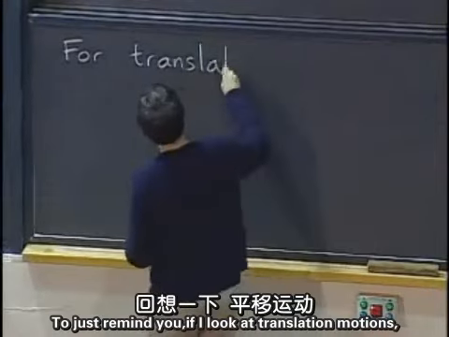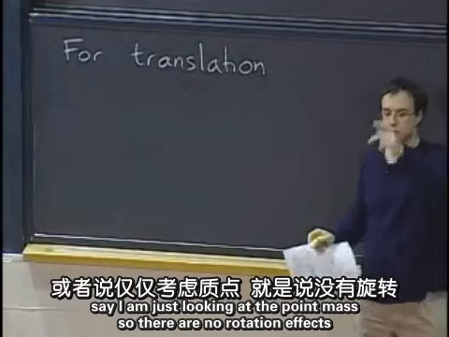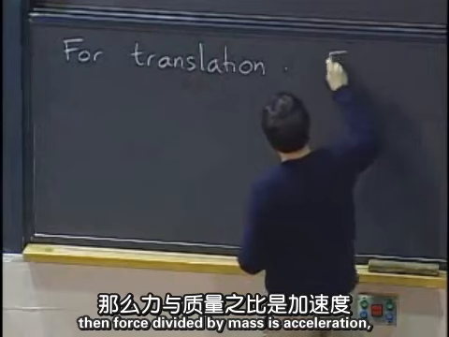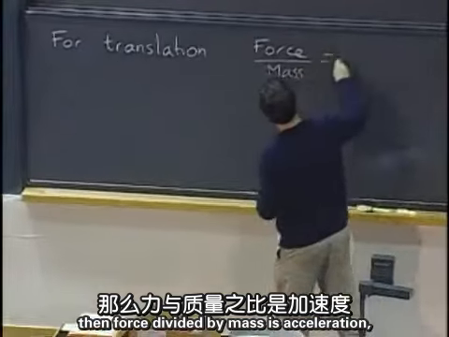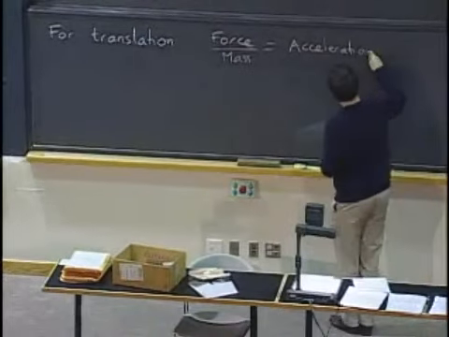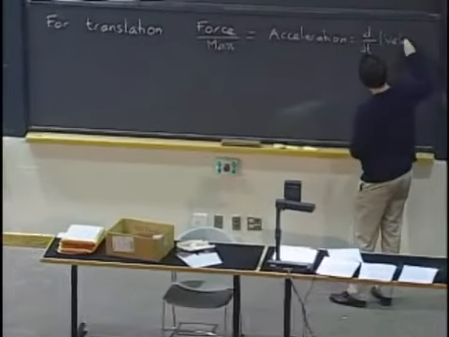Let me just remind you, if I look at translation motions, say I'm just looking at a point mass, so there's no rotation effect, then force divided by mass is acceleration, which is the derivative of velocity.